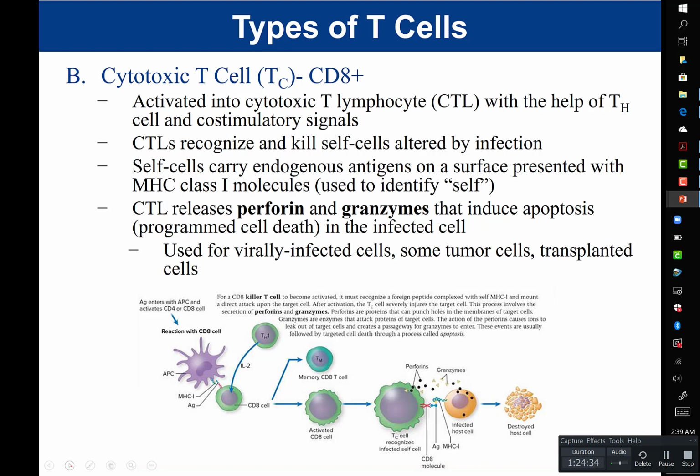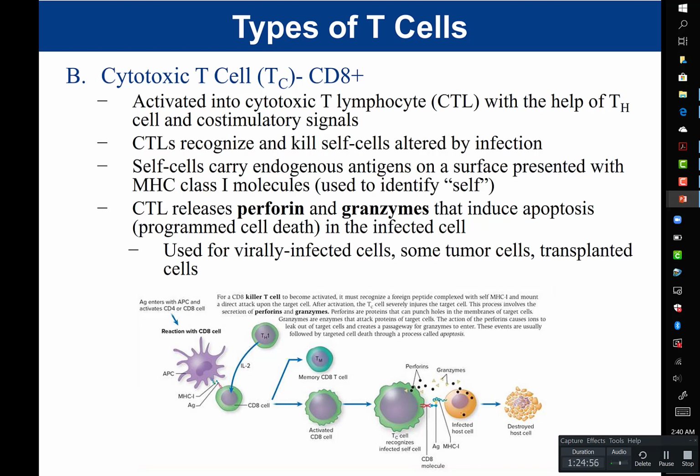So cytotoxic T cells, TC cells, these are CD8 positive. They have CD8. And remember that CD8 is going to recognize MHC1. So what you're looking at here is that we have this infected host cell.